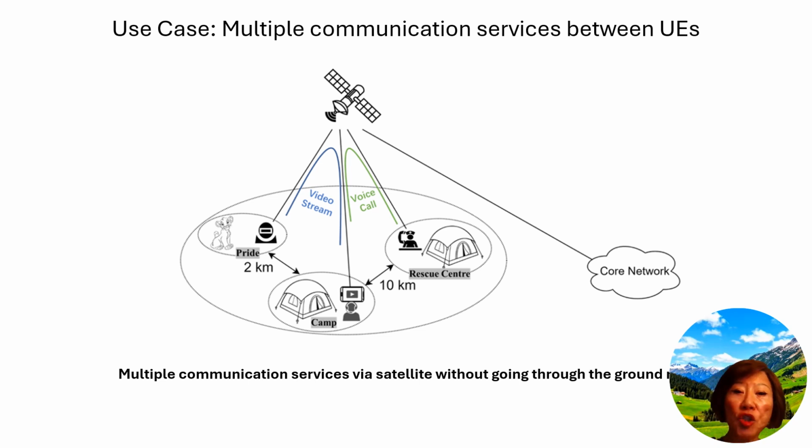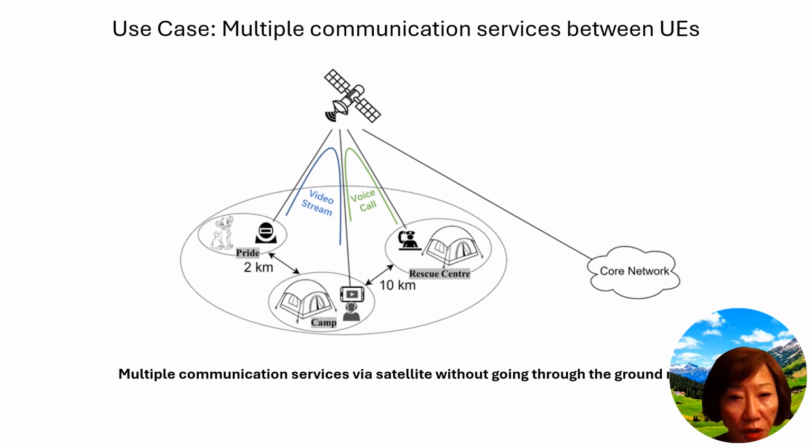One is video streaming, a blue line connecting the Pride area to the camp location, indicating live video transmission of wildlife, because the application is wildlife observation. And then the next kind of communication service is voice call, a green line connecting the camp to the rescue center, representing voice communication.